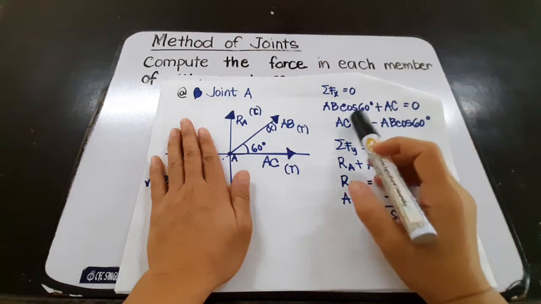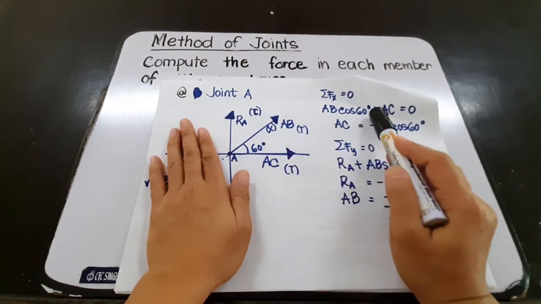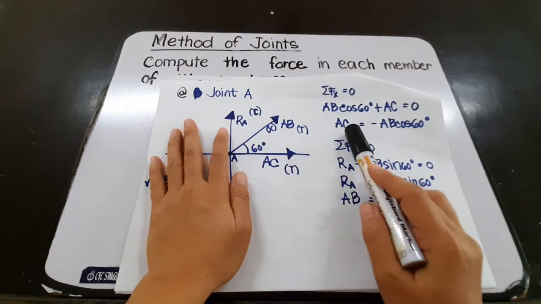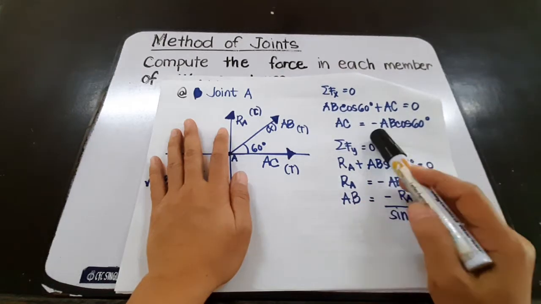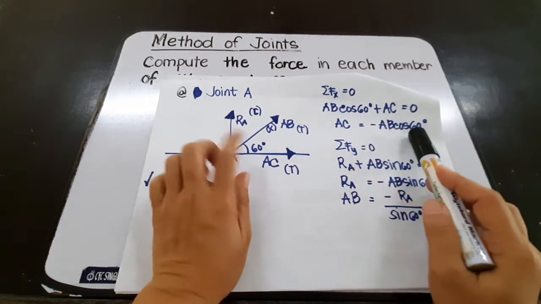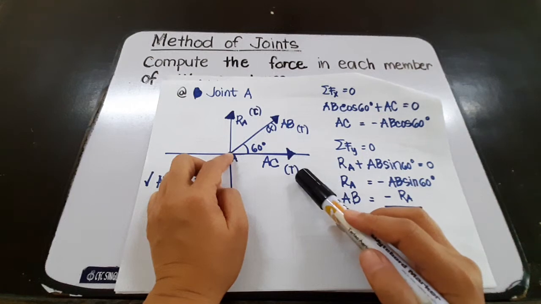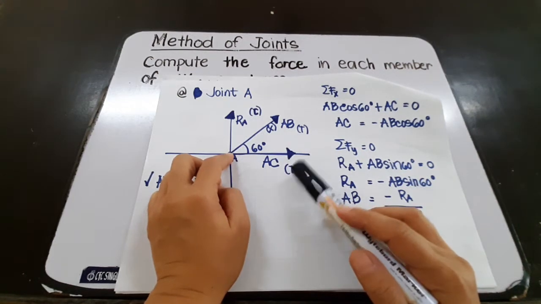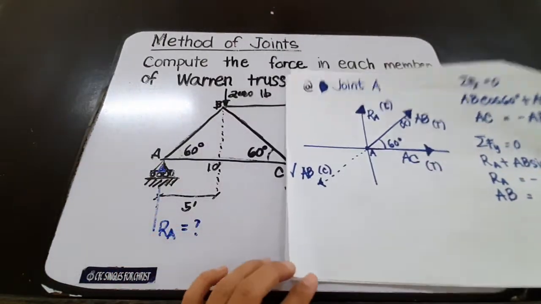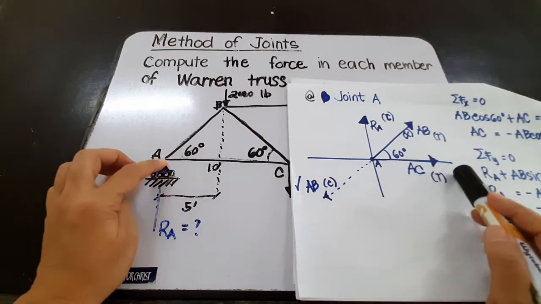So let us see. Summation of forces along X is AB cosine 60 plus AC. So we only have two components, and that would mean that AC is equal to negative AB cosine 60. So this means that AC could, instead of being tensile, so speaking of the tensile and the compressive force, we assume here in our free body diagram that AC is a tensile force.